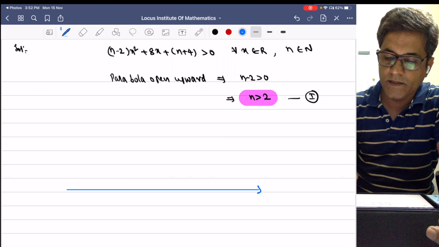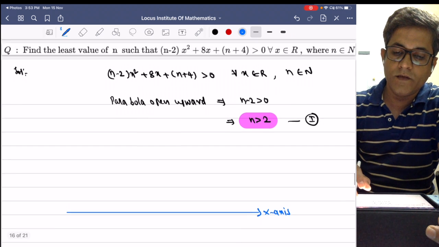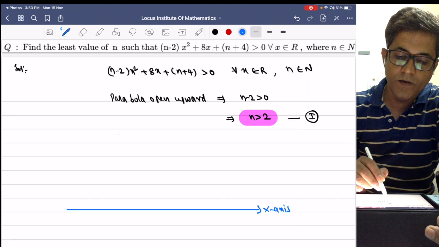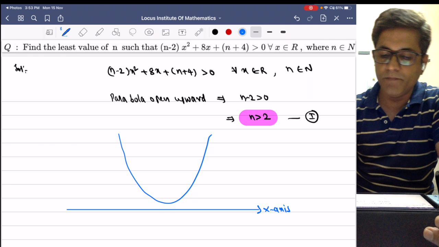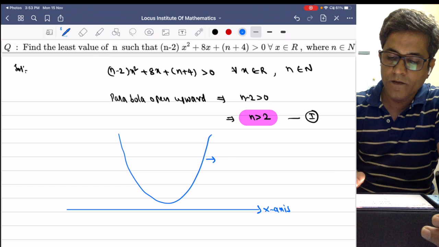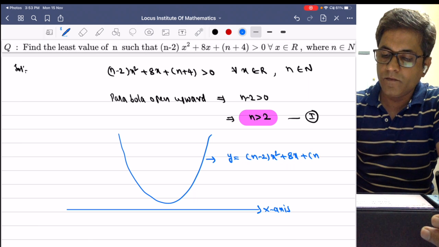If you draw the diagram, the parabola will be like this. This is the x-axis. The parabola opens upward and is always positive, therefore completely above the x-axis. This is y = (n − 2)x² + 8x + n + 4.